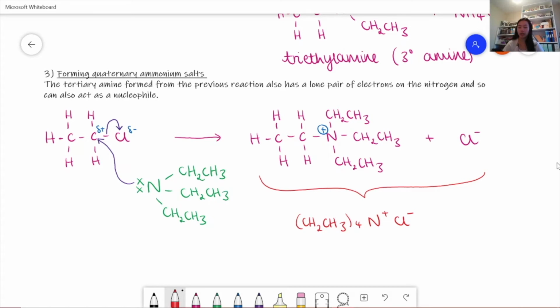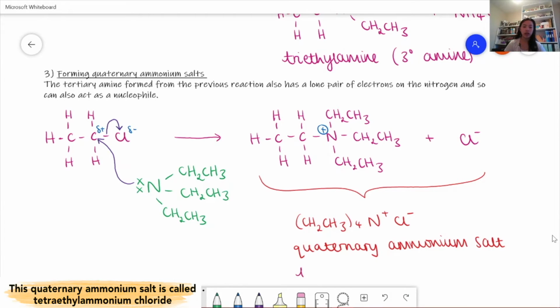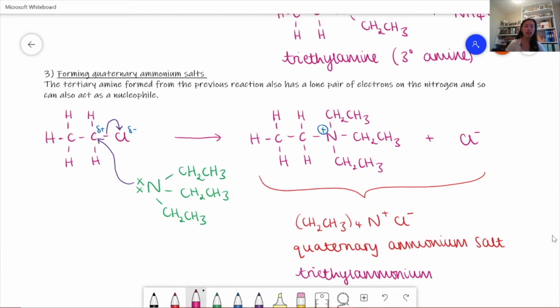So this is our quaternary ammonium salt. And in this case, what we would call this salt would be triethyl ammonium. So this is what we get from the positive bit, and then chloride.